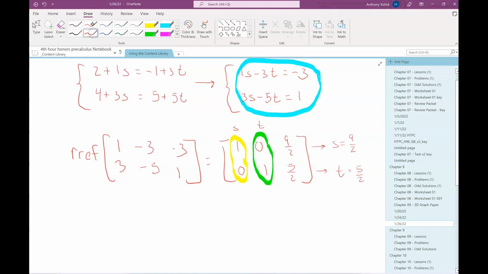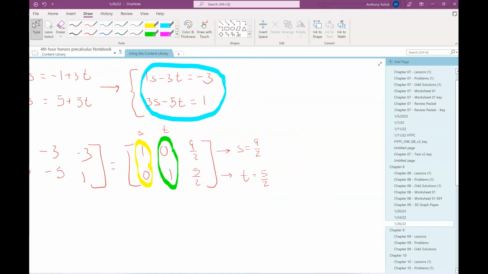Okay, so we're almost done here. So now we need to pick either S or T, it doesn't matter. Just pick one of them.